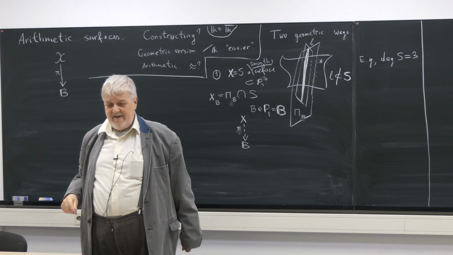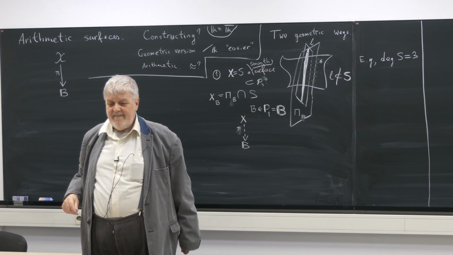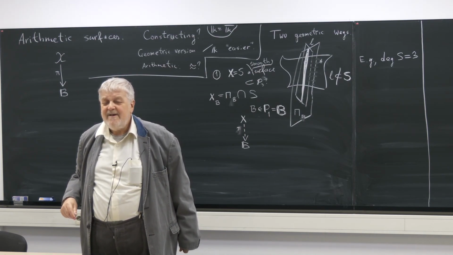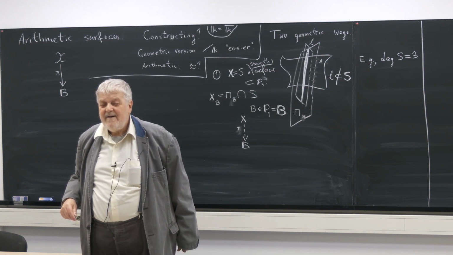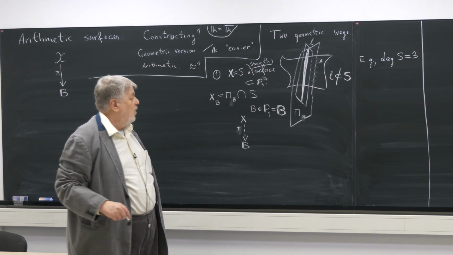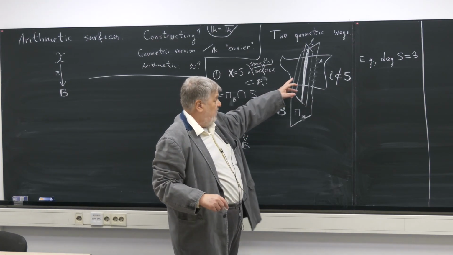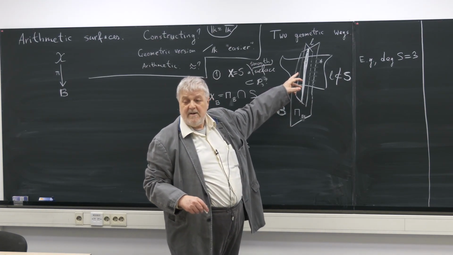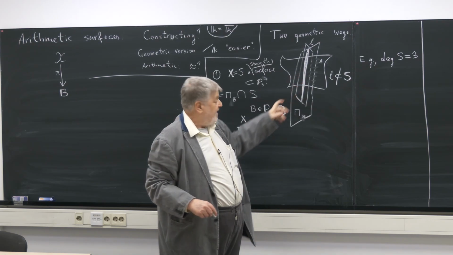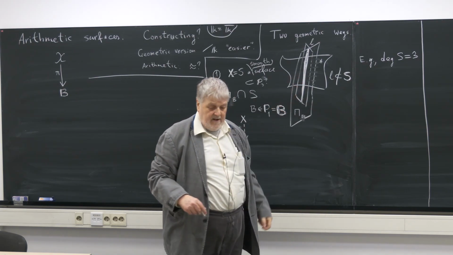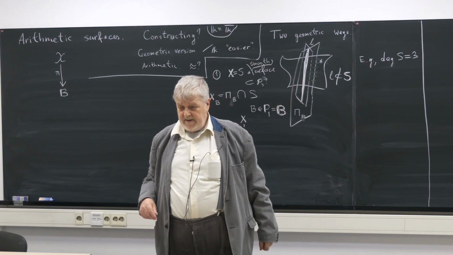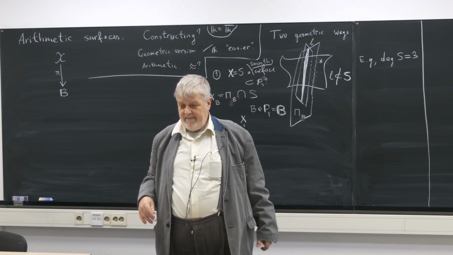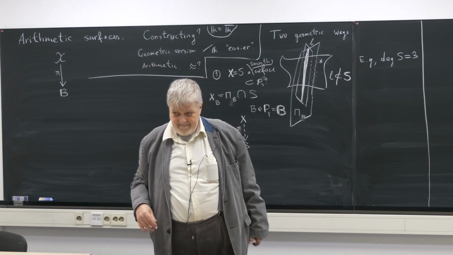And then how does the blow up work here? Sorry? How does the blow up work here? You said you want to blow up. What is to blow up? Oh, we just blow up this line in P3. Then the pi becomes defined on the blow up. Okay.